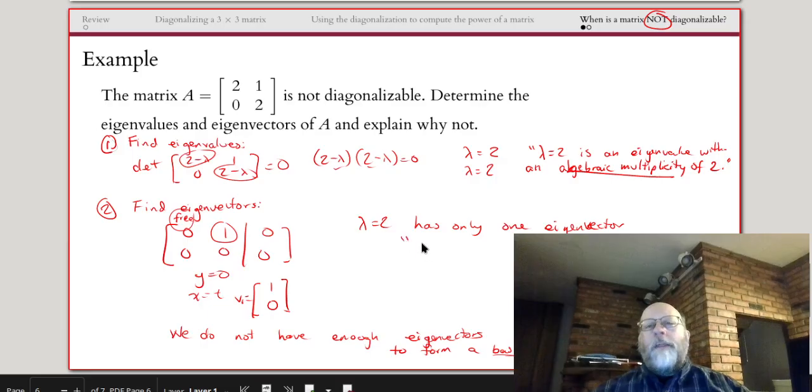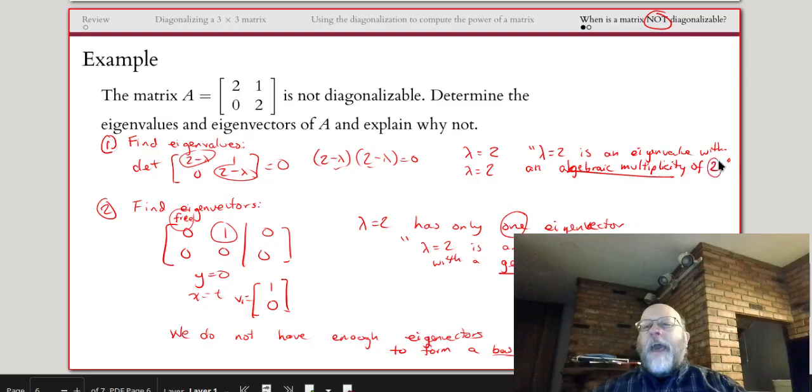And the way that we say that is algebraically, lambda equals 2 is an eigenvalue with a geometric multiplicity of 1. So the number of eigenvectors that we get is called the geometric multiplicity. Let me not scribble through that, try to underline it instead. There we go.